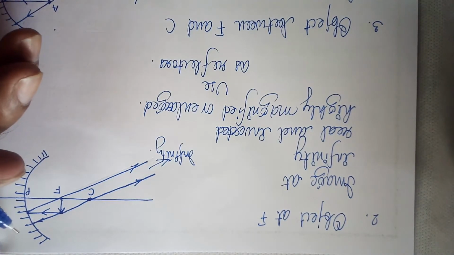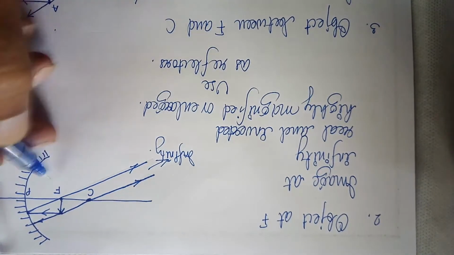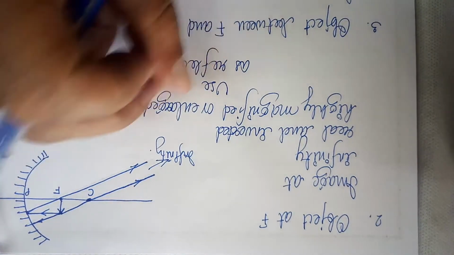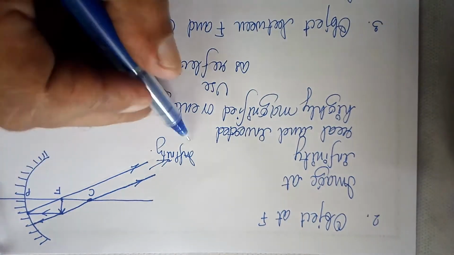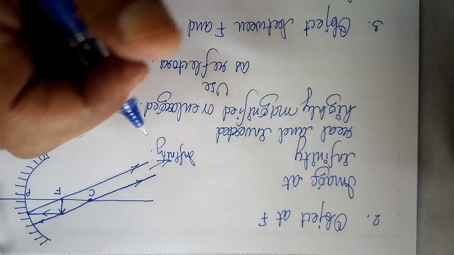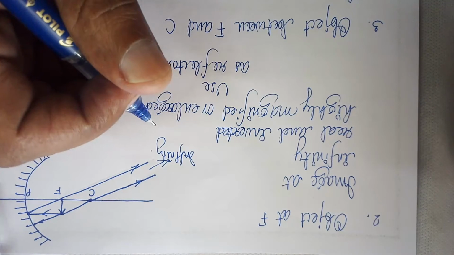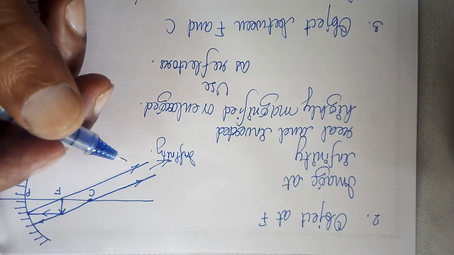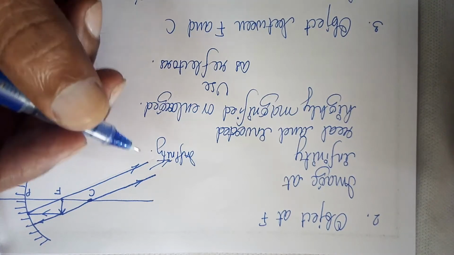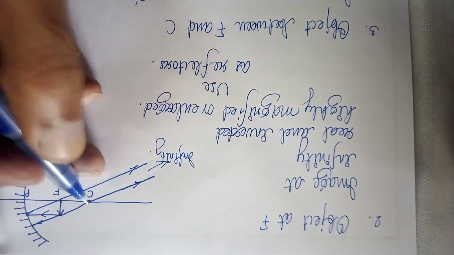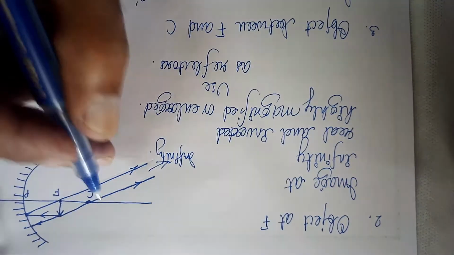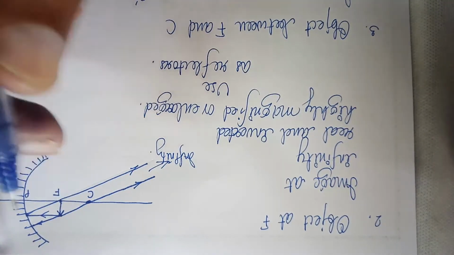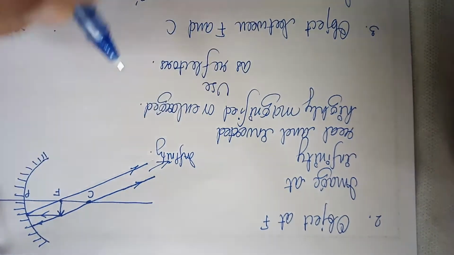Now we can find that these reflected rays are parallel and will not meet at any point near our eyes. So we can say it will meet at a far off distance, or at infinity. And since the image is formed at infinity, it is not possible to show it in this figure.